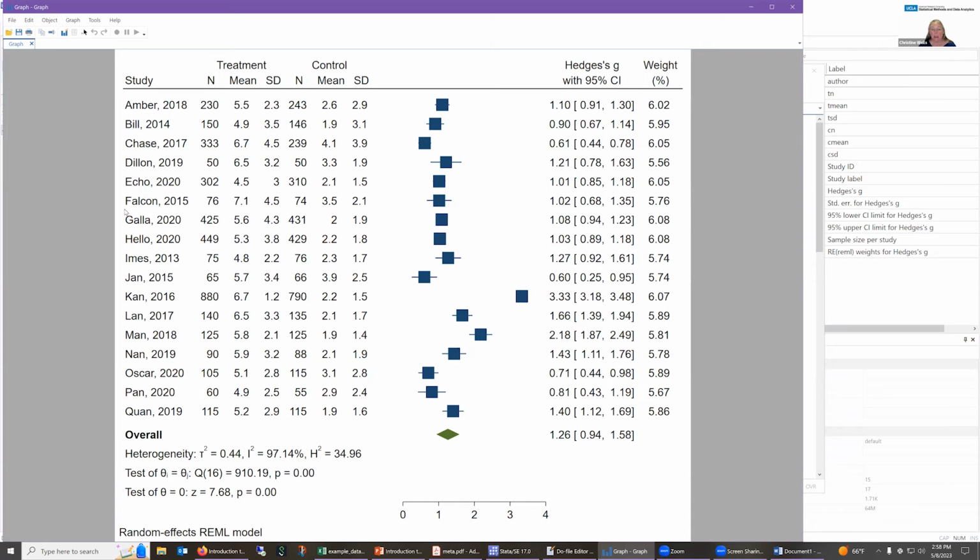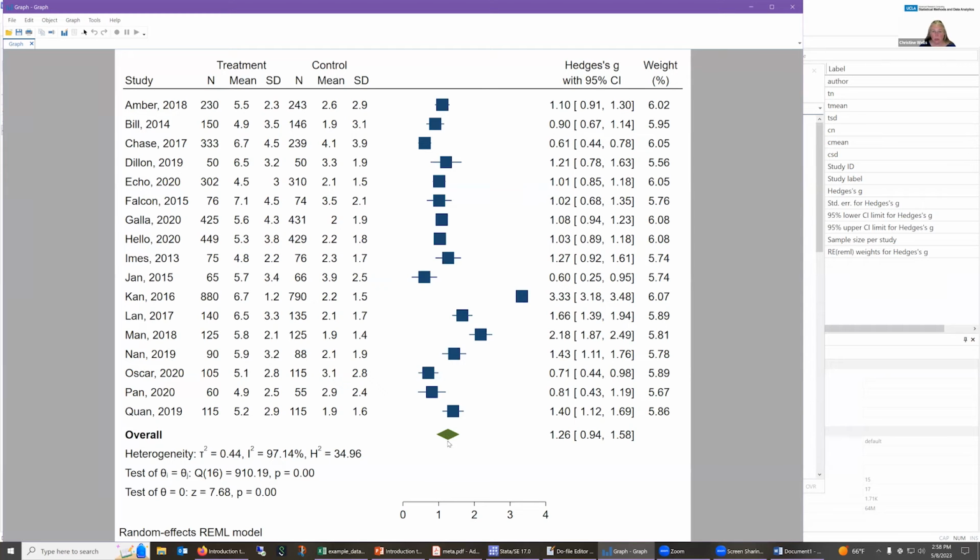Some people like having the raw data here, other people do not. So you take it or leave it, however you like it. Here is your effect size with its confidence interval. And we got a little scale down here.